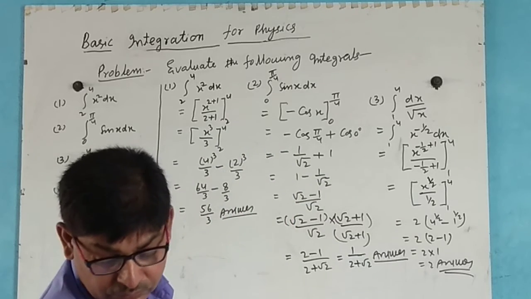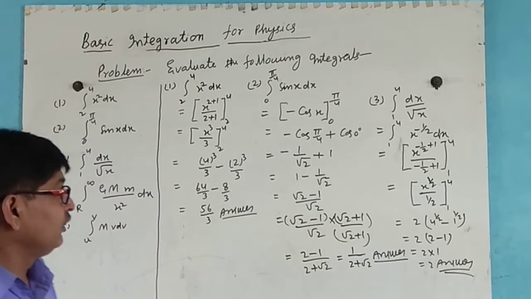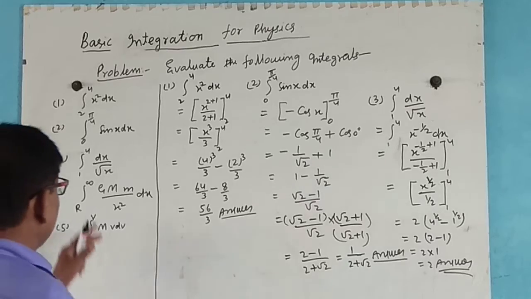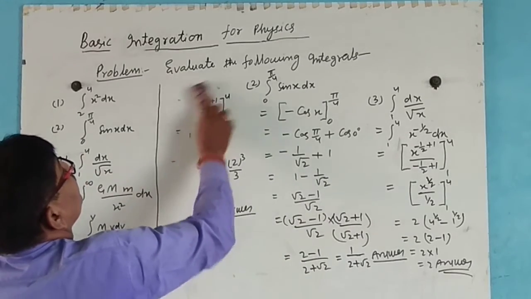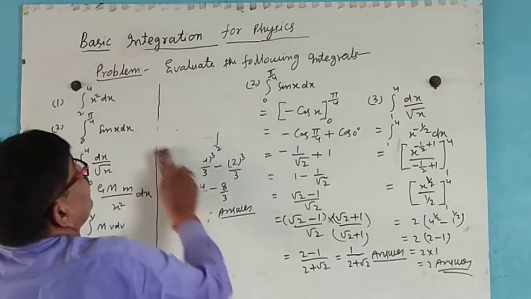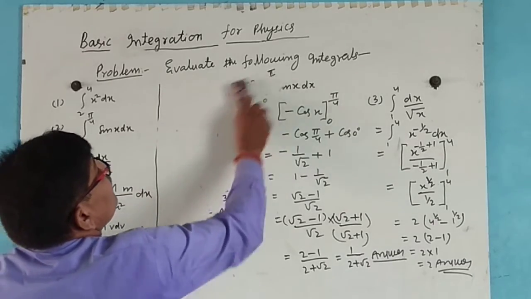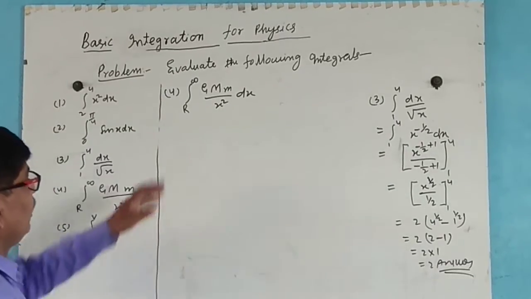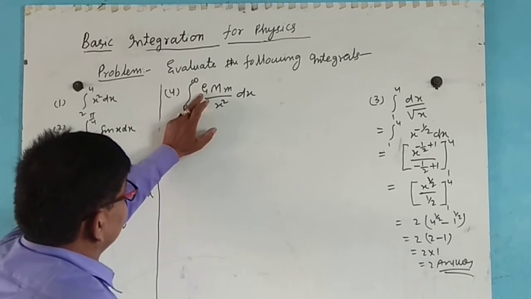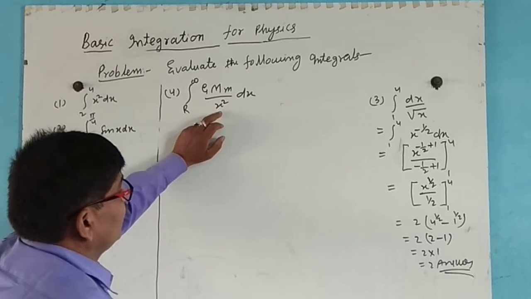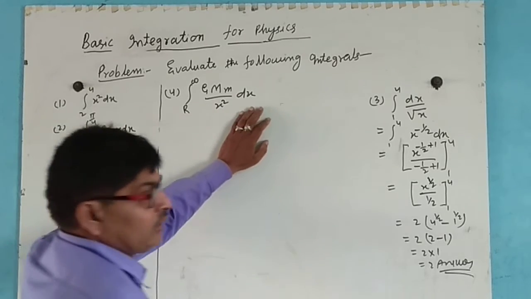Now again we solve the fourth question. This is the fourth question: integration of r to infinity G M by x square dx.